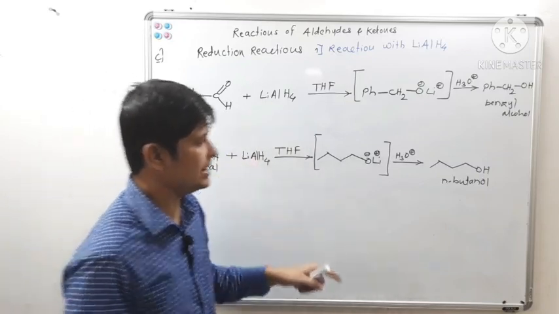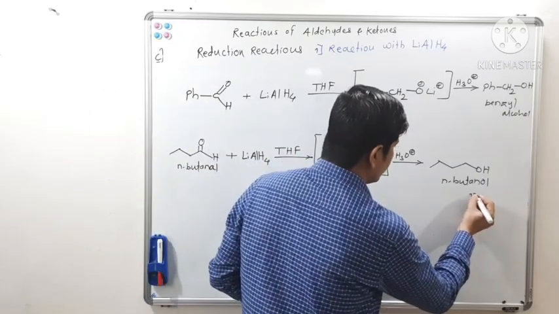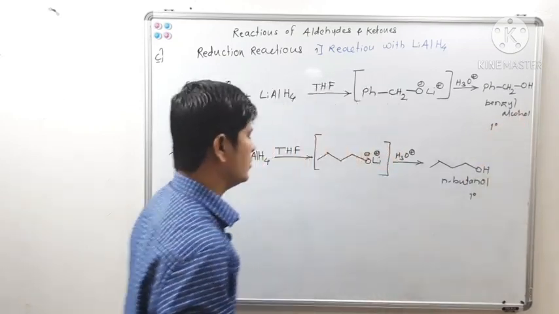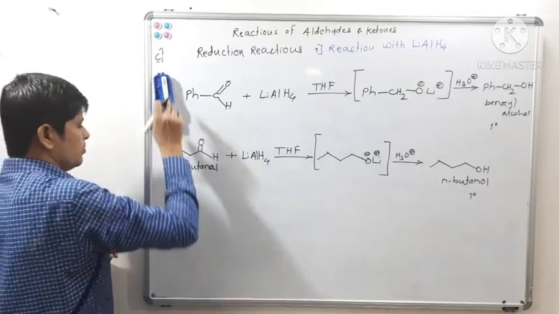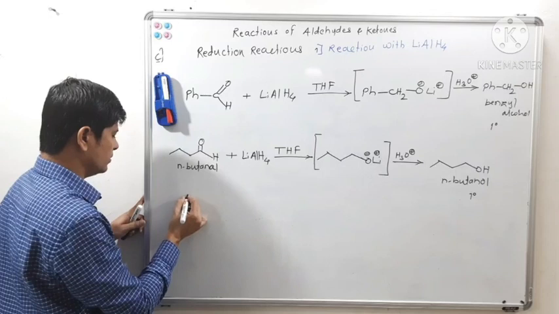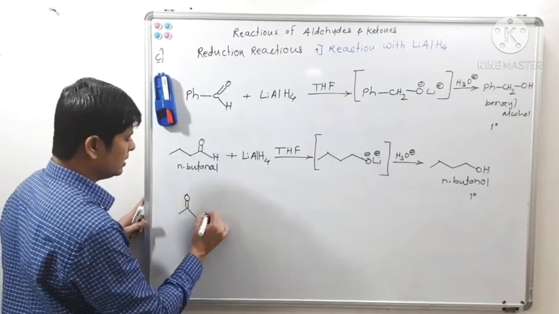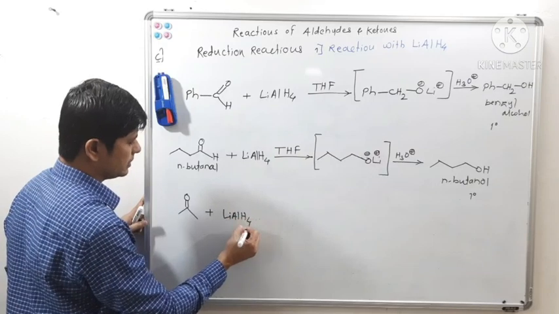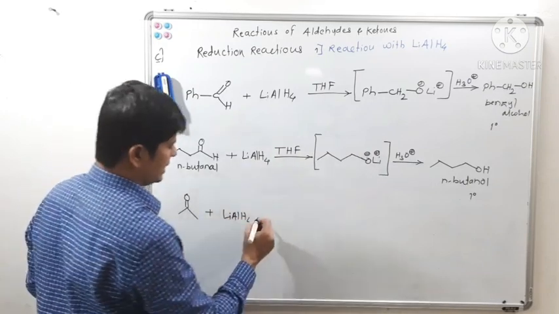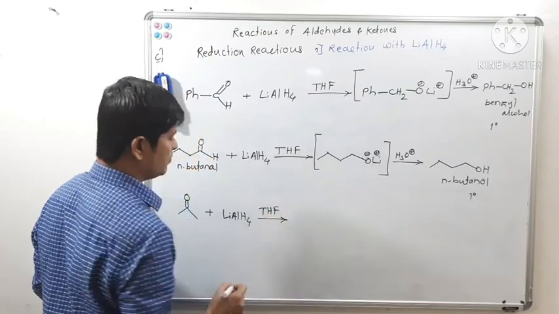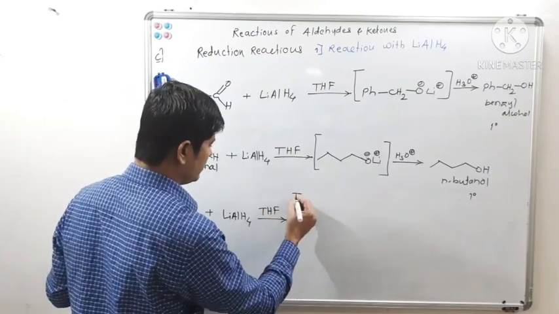That means reduction of a carbonyl compound like an aldehyde with lithium aluminum hydride always gives a primary alcohol as a product. For example, now if we react a ketone like acetone with lithium aluminum hydride in THF solvent, what intermediate will you get here?